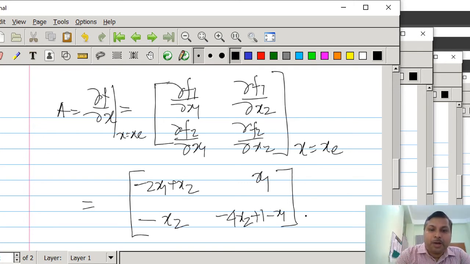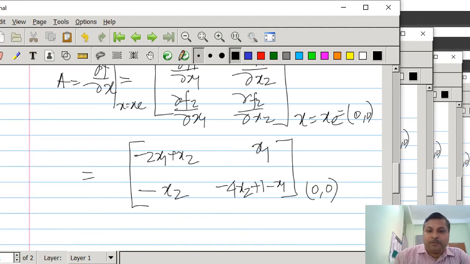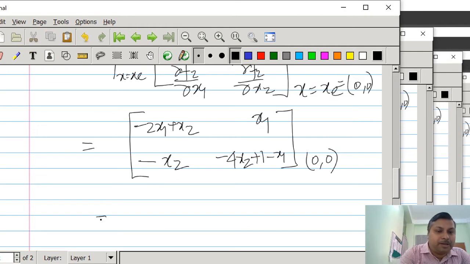Then you have to evaluate it at 0 0, because xe here is 0 0, meaning x1 is 0, x2 is 0. If you compute it, you will find a constant A matrix with the elements minus 1, 1, then minus 1, minus 4.